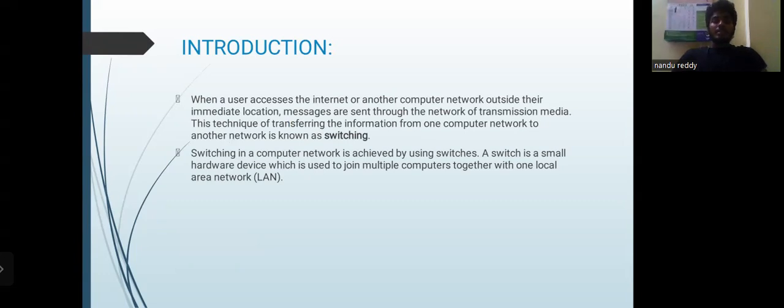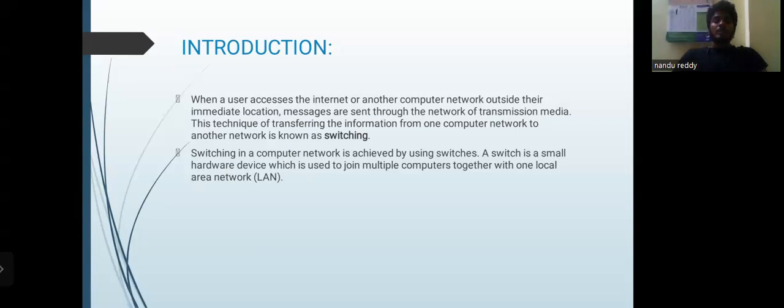When a user accesses the internet or another computer network outside their immediate location, messages are sent through a network of transmission media. The technique of transferring information from one computer network to another is known as switching.